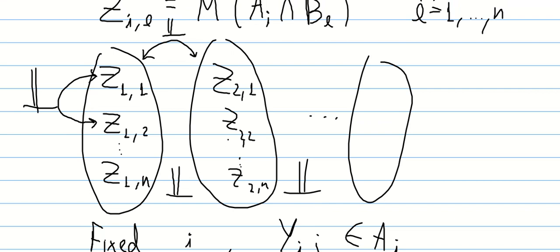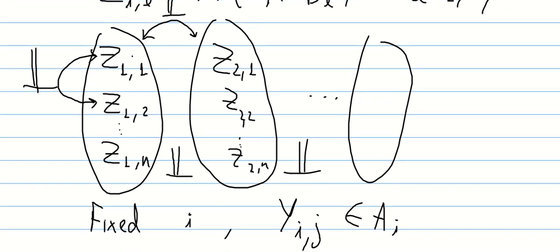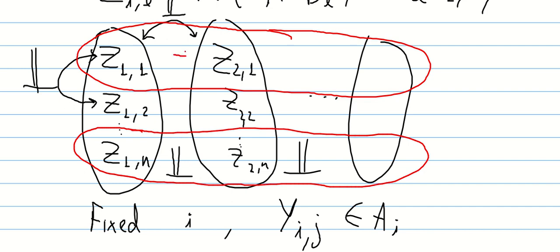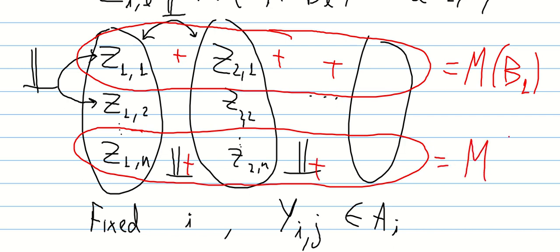And the way we want to join is by not looking at these groups that I drew here before, because these black groups were the ones used to define the Poisson point process, but the red groups are the ones that we need to use to prove that it's a Poisson point process, because the sum here is equal to the number of points in B1, and the sum here is equal to the number of points in Bn, and this is what we want to show: that this vector is independent and Poisson distributed.